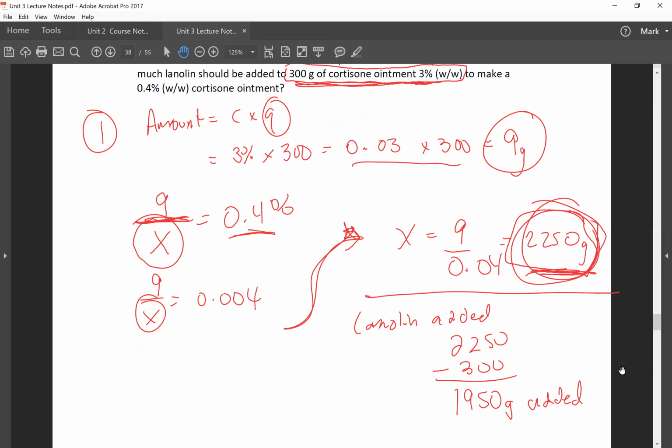The last part of this question was to figure out how much lanolin, how much dilution agent, I would add to give me 2,250. Well, if the final amount was 2,250, and I already had 300, then I only needed 1,950. Little weird question. It was kind of done in 3 parts here.